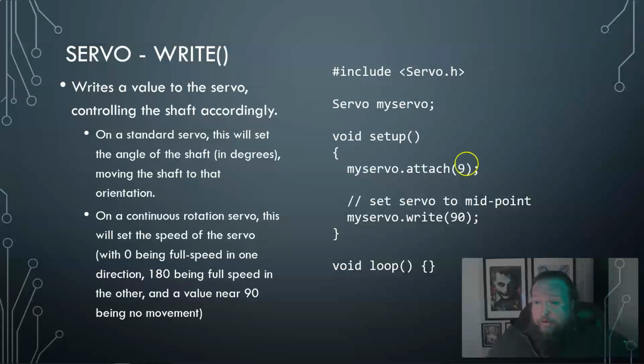So here in this example, this is for the standard hobby servos. If your servo for some reason starts spinning all around, you don't have a standard hobby servo, you have a continuous servo. And why do I mention this?